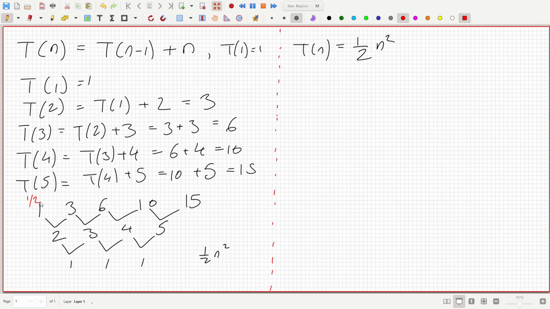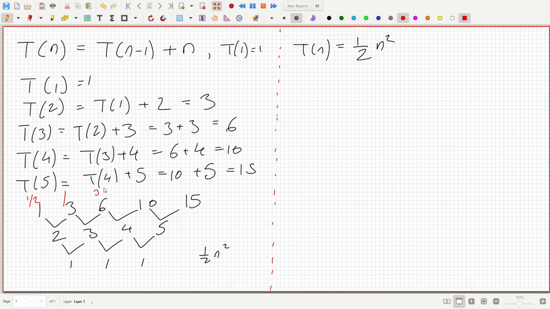And then 3 minus a half times 2 squared, that's 1.